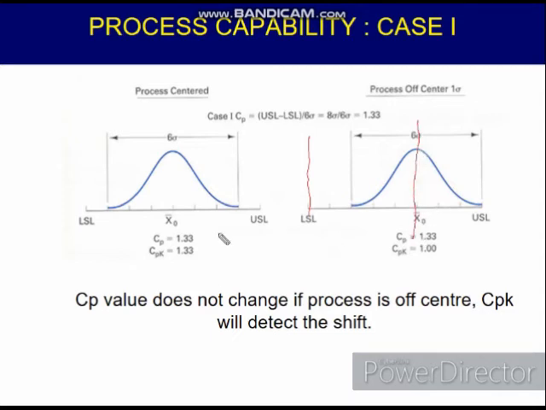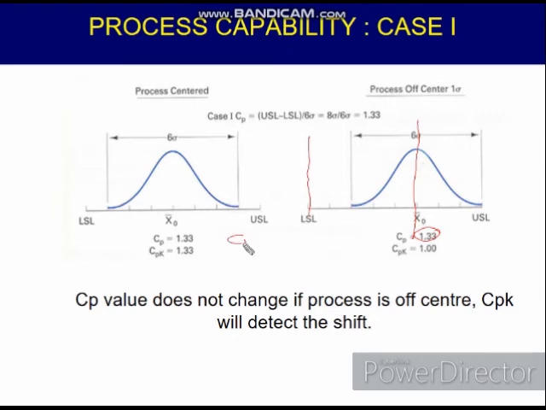So when you calculate the CP, CP is basically 6 sigma, which is the process variability, divided by the value from upper spec limit to lower spec limit, which is 8 sigma. So if you do that, you get this value 1.33. So that's straightforward. But if you calculate CPK, right?